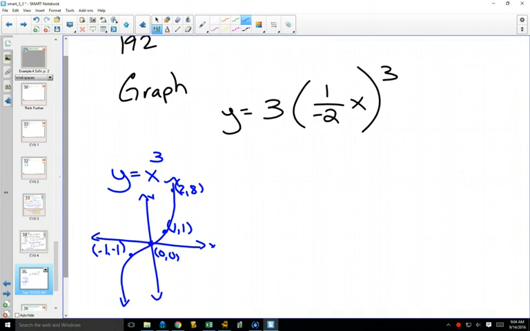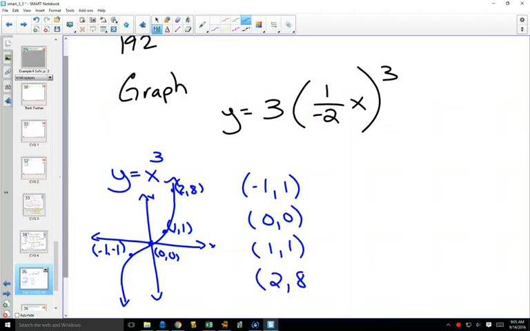So if you know what the parent graph looks like and you can quickly plot some points on there, you can now say, well, where are these points going to go? So I'm going to list my original points on my blue graph. And what's going to happen to them?